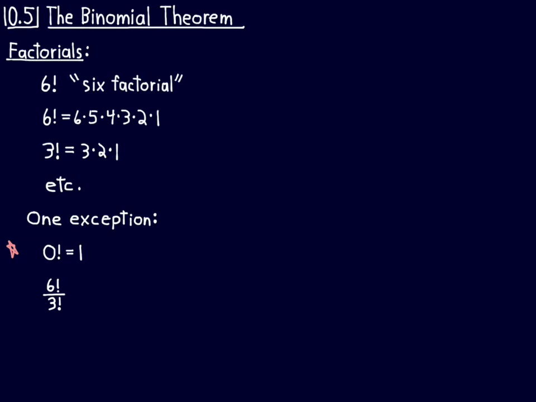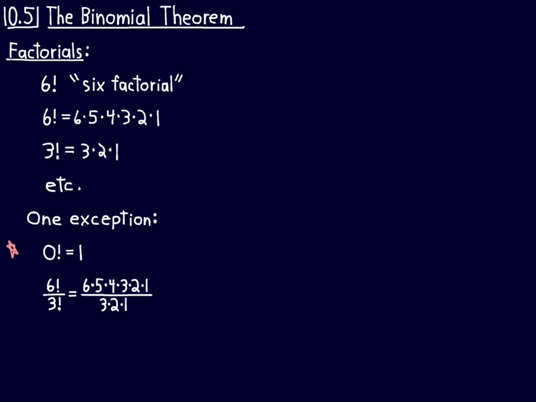Now, we often do fractions of these things. In fact, we're gonna do a lot of fractions of these things. And so it's good to see how that works out. If I wrote this out, 6 times 5 times 4 times 3 times 2 times 1, over 3 times 2 times 1. Notice the 3 times 2 times 1 part repeats. So if you take a fraction of factorials, the smaller one will always cancel out completely with part of the larger one, because it always goes down through all of the integers until it gets to 1.